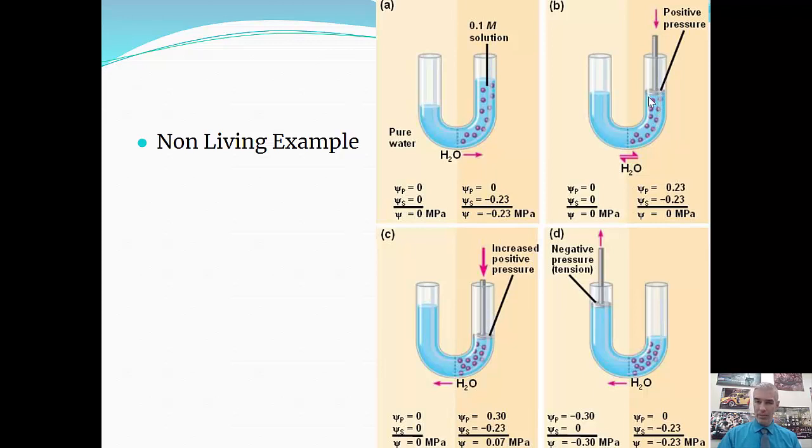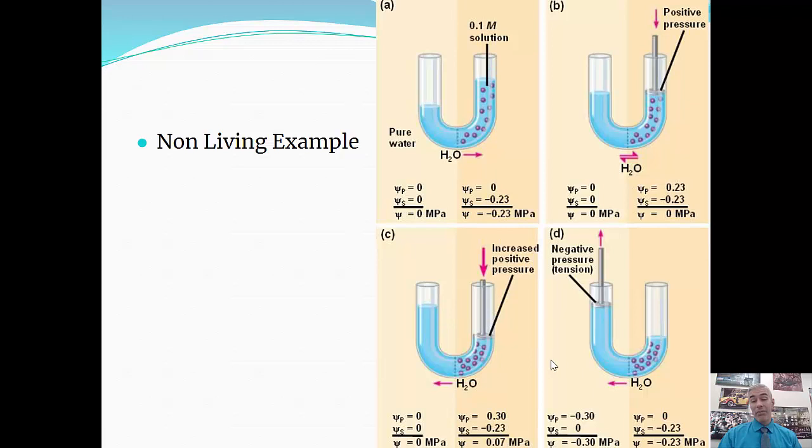Or what we can do is we can continue pushing hard on this side, increasing it, and it's going to push water through the other side. It's going to overcome that solute potential. So there's actually 0.07 millipascals pushing on this side. It's not negative because it's actually pushing from the solute side. That's why that's then positive.